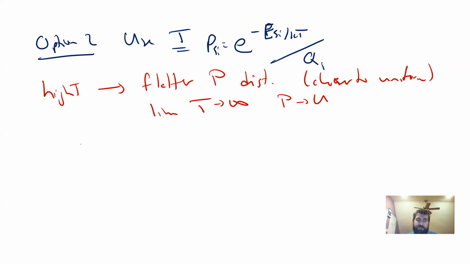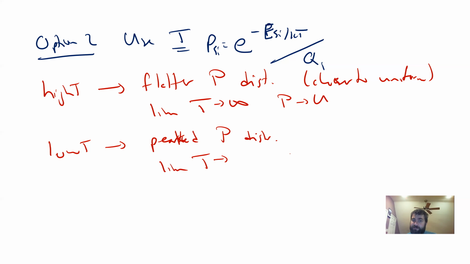At low temperature, we have a very sharply peaked probability distribution. And in the limit of T goes to 0, this probability goes to the delta function, where we have a single choice at each position and no others. The single best energy choice is the only one we keep at each position.